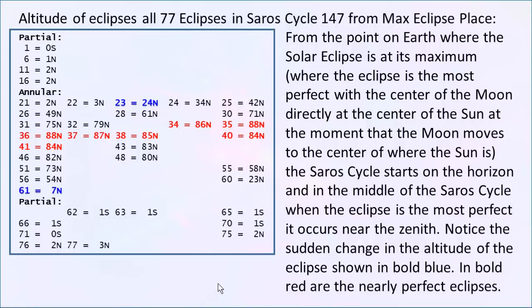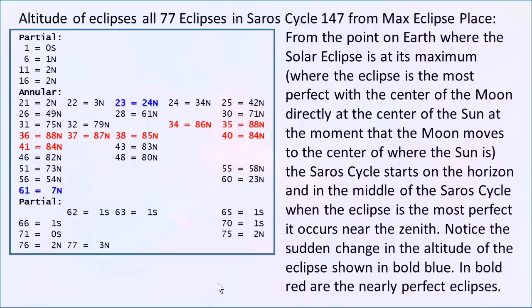So when you're looking at an eclipse that's really a perfect eclipse, where the moon moves right center in front of the sun, at the maximum, when it's maximally visible, it's also at the zenith. Interesting, really dramatic. So here's an interesting thing. Not all total eclipses are equal.